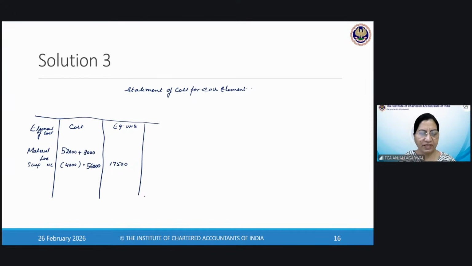They were clearly like 3 rupee, 1 rupee, 2 rupee. But here you will have fractions because we have added some part of the opening stock material cost in this. So it comes out to be 3.2 rupee per unit. Earlier it was 3, now it is 3.20 per unit.